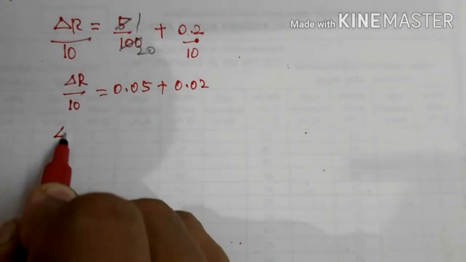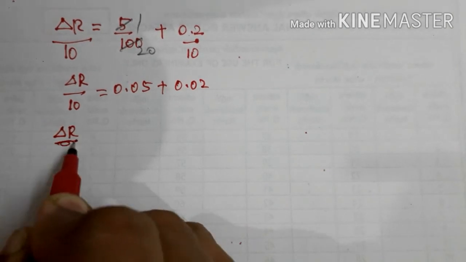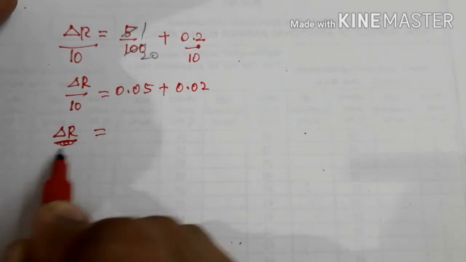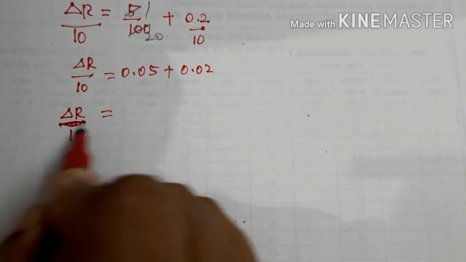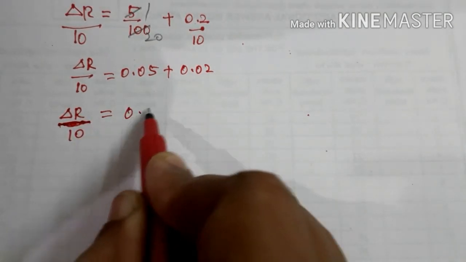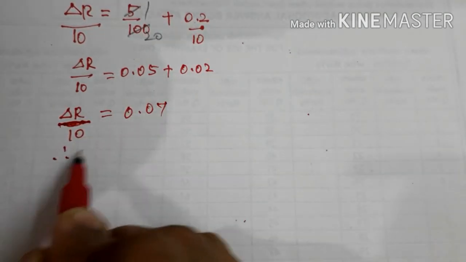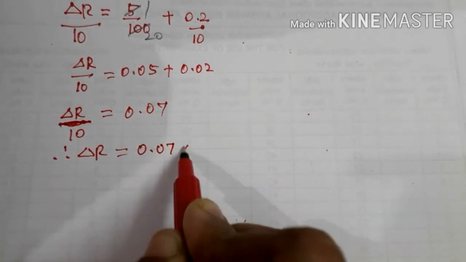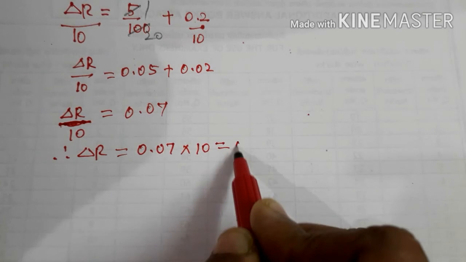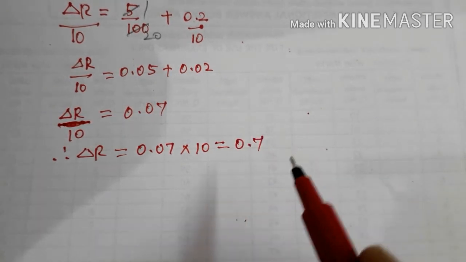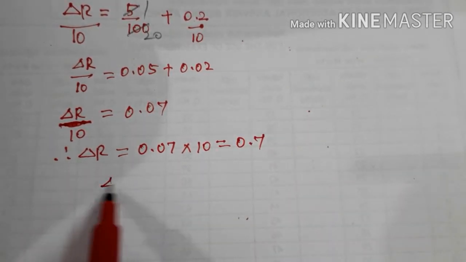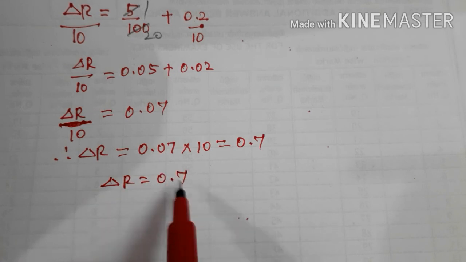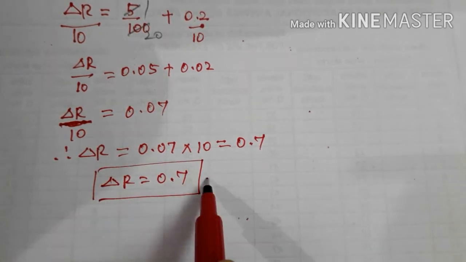Okay, so what is delta R? Delta R by 10 is equal to, if you add this, you will get 0.07, right? Therefore delta R, you can cross multiply, 0.07 into 10, that is nothing but 0.7, right? So what is delta R, children? Delta R is 0.7 ohm.